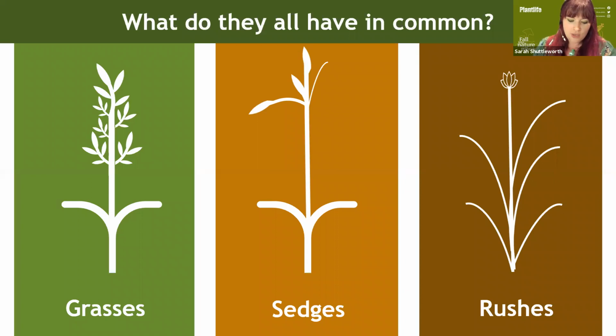But actually, not every plant that has a narrow strap-like leaf is a member of the grass family. But they do have a range of features that links them, and that's why they're often lumped together, especially if you go to a garden centre or something. All your grasses and your sedges and your rushes will be in one part of the centre, but that's because of their similar appearance.